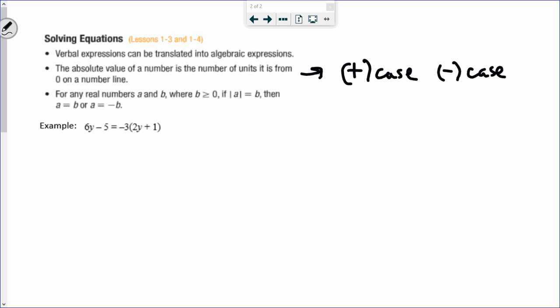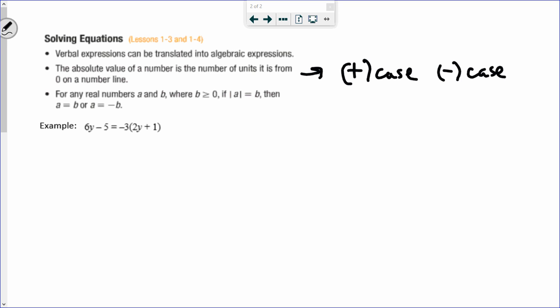We talked about this on Tuesday. Likely you're going to end up with 2 solutions. You've got to check those 2 solutions to see if one is extraneous, because it is possible that one would be. So always check your solutions and set up both cases. Those are the 2 key takeaways there. And then that last point, for any real numbers A and B, just talks about absolute value.